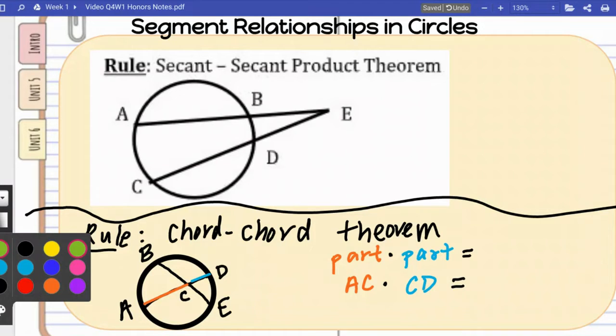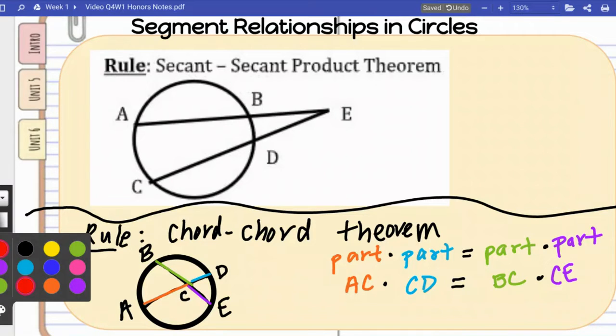So what are my other 2 parts? BC is one of them. So we're going to take the distance from B to C, and we're going to multiply that by the distance from C to E. So you're just taking both parts on both chords, multiplying them together, and when you do that, those 2 products will equal each other.